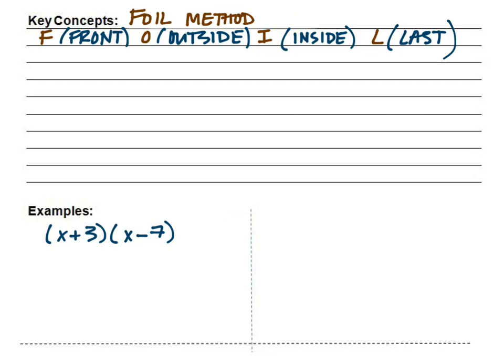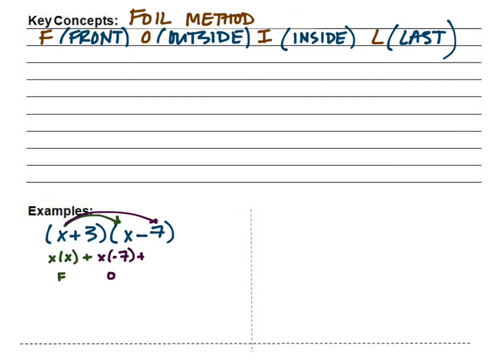X plus 3 is our first binomial, and the FOIL method tells me that I want to multiply the front terms together. So x times x. The O stands for the outside term, so the x times the 7. You can see that in the dark purple.